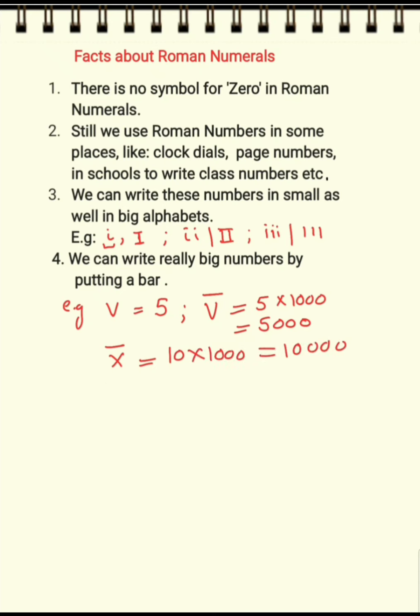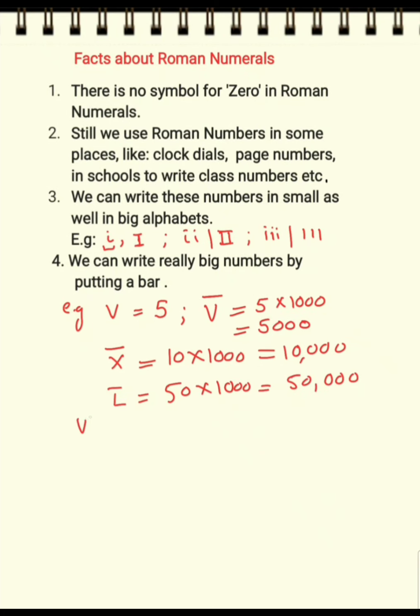Okay. A bar on L, it will become 50 into 1000, means 50,000. This number, what number is this? 5 plus 1 plus 1 equal to 7. But if I put a bar on this, it will become 7 multiplied by 1000, becomes 7000. Like that we can write big numbers.